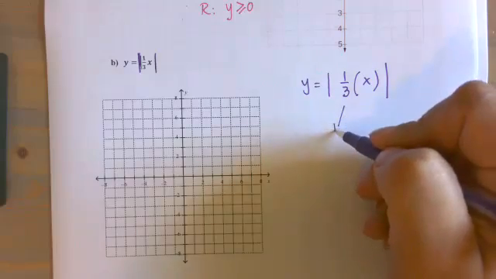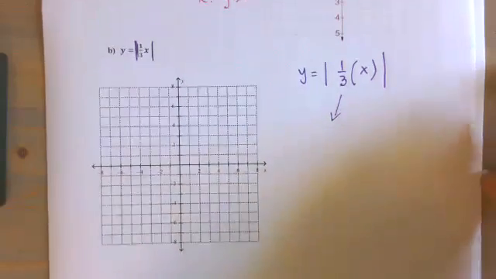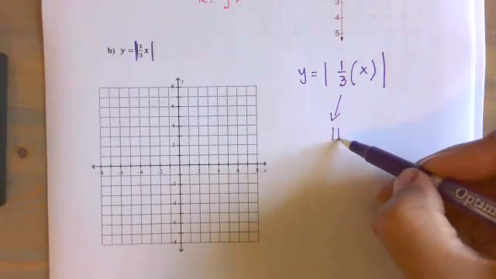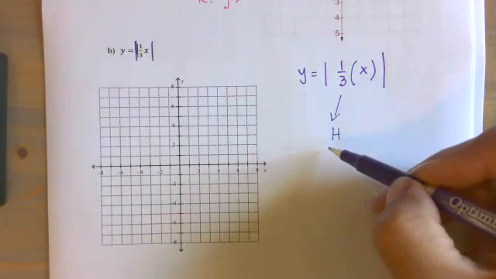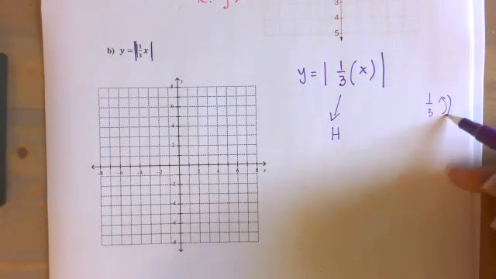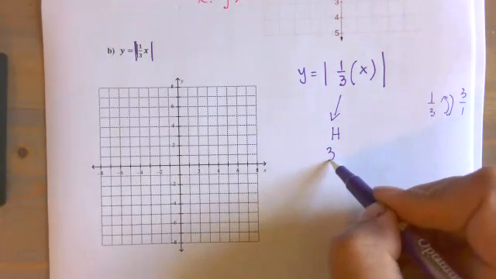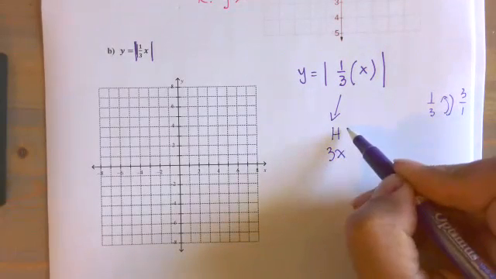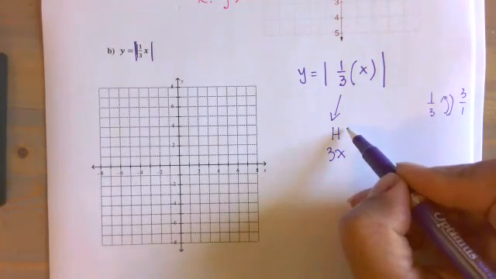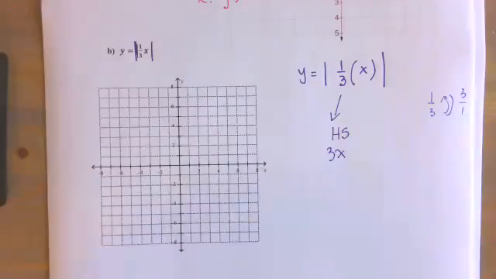Now, I know it's going to be a horizontal transformation. I just have to decide if it's a stretch or compression. So I do the reciprocal of the 1/3. 1/3, reciprocal of that is 3/1. So 3 times x is what I want to do. If I times something by 3, it's going to be larger. So horizontal stretch.